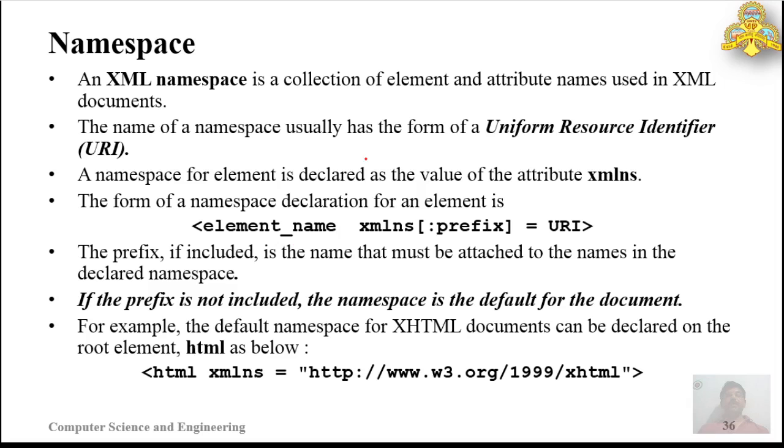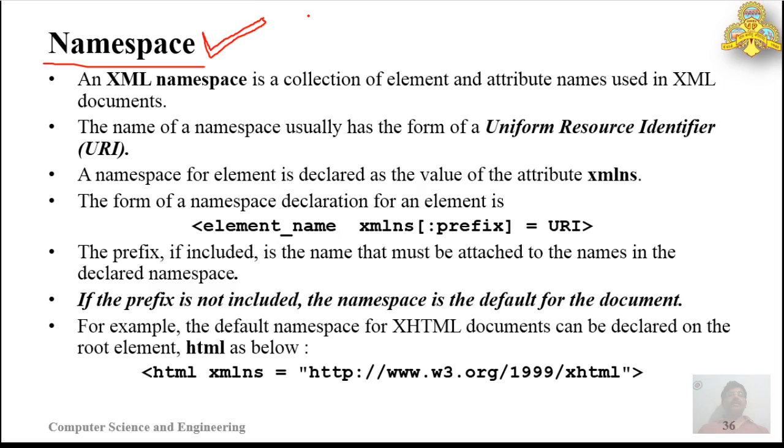Okay students, now we start with some information about namespaces. Before explaining the XML namespace, that is XML schema, we have to discuss namespaces. A namespace is a mechanism to provide accessibility of different variables having the same name.